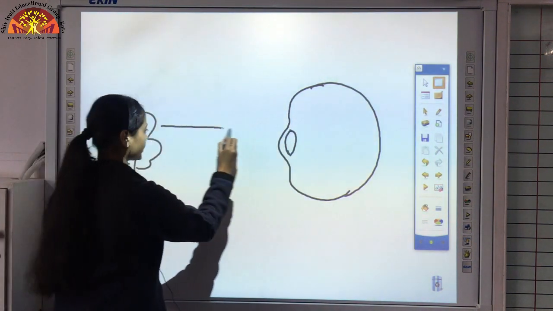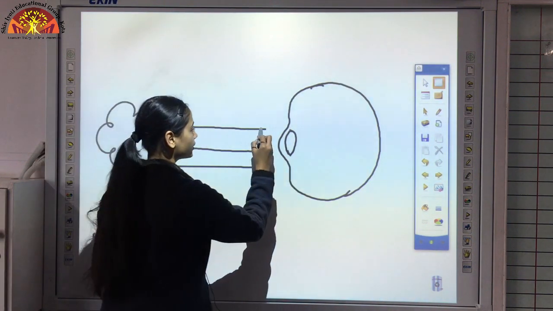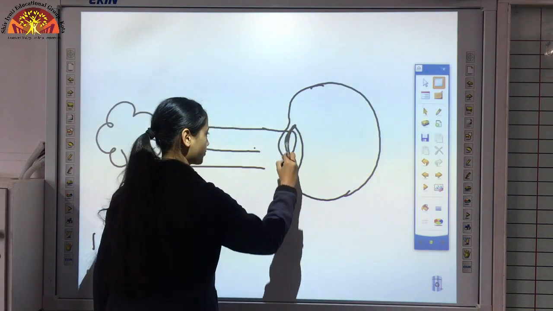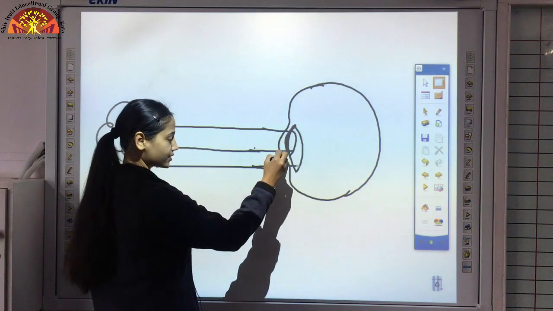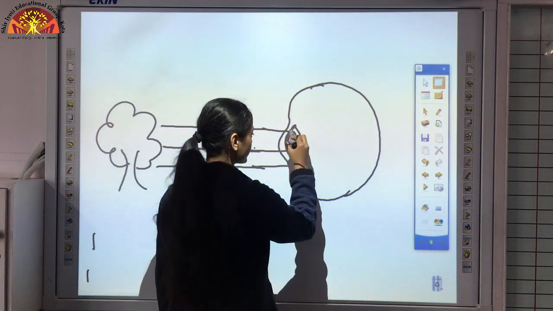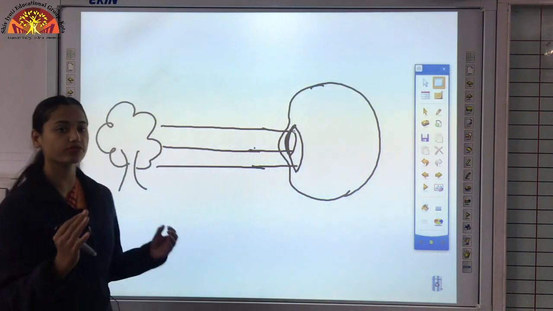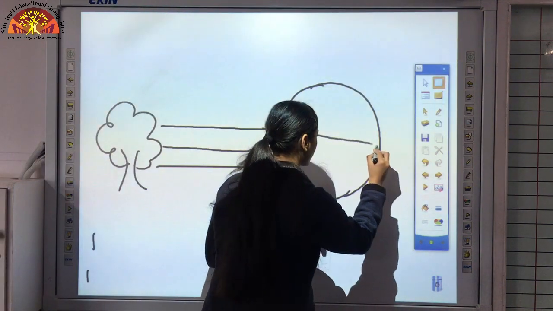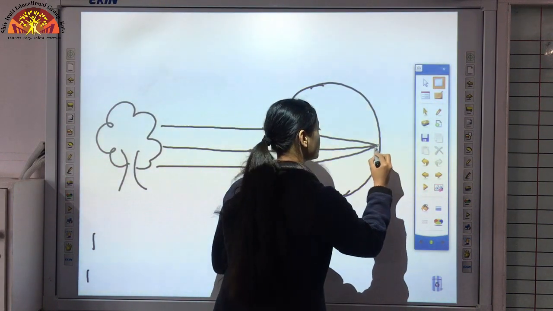The light rays emitted by this tree are falling on our convex lens, that means on our eye, and after refraction, the bending of light, the light rays will bend and meet at a point.